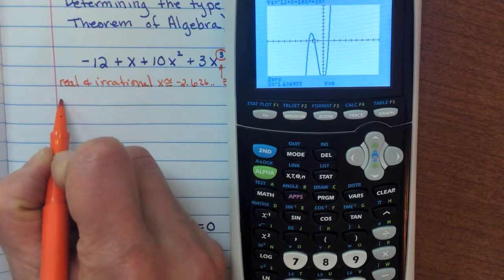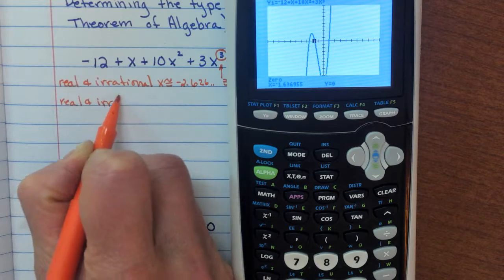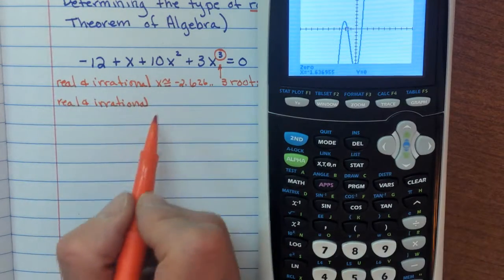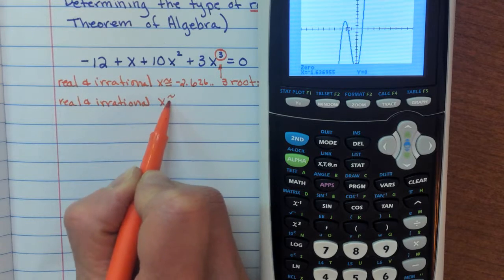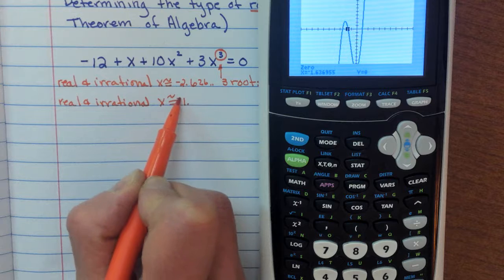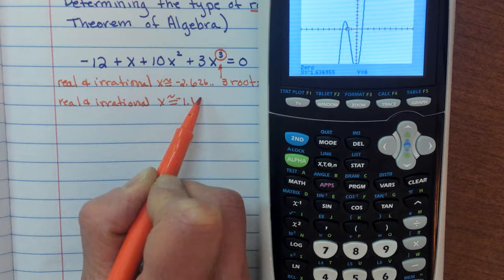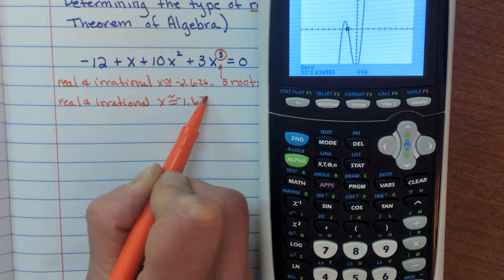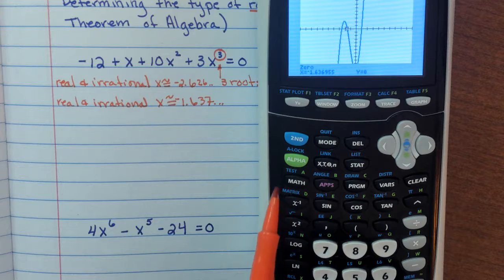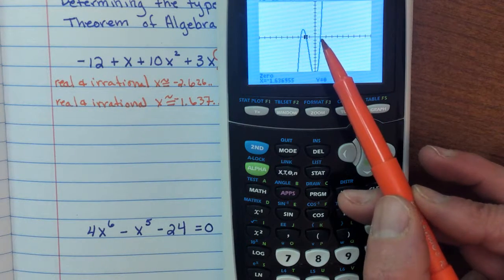So this here is also real and irrational, at x approximately equal to negative 1.637, and that number keeps going. There's no way I can make those into a fraction. So then my last one is actually most likely the integer 1.